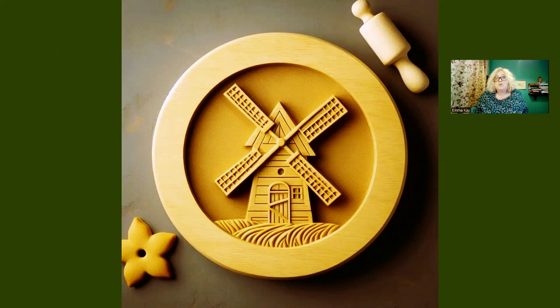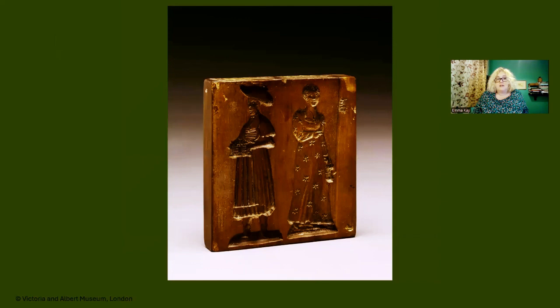So moulds also captured people's occupations, a trend that became particularly popular in the Regency and Victorian era, like this one. You can probably see here, this is a street seller, and this was probably manufactured in Germany, and it's from the collections at the V&A Museum.